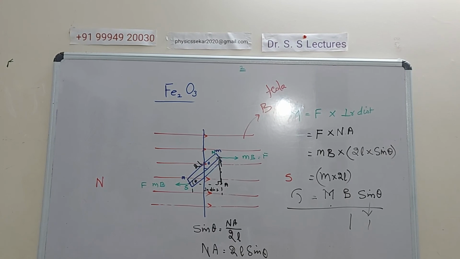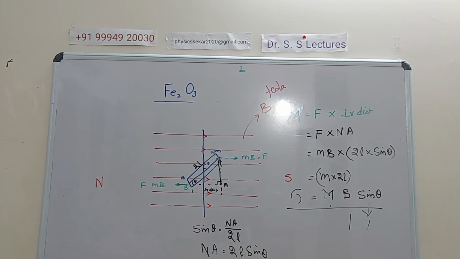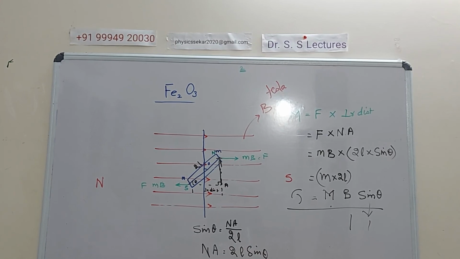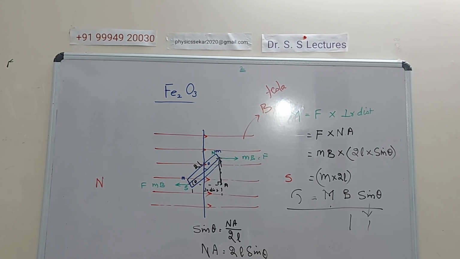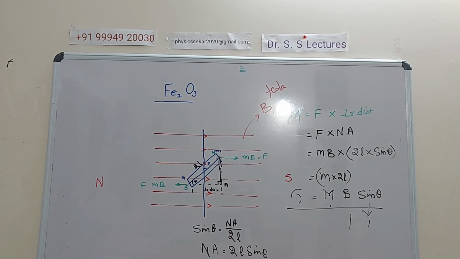So try to remember these basic aspects. Being the introductory aspect, I have just told you the basic fundamental things that we should be knowing, and in the next video we will be in a position to know about certain more aspects like calculation of intensity at a point on the axial line of the bar magnet, equatorial line of the bar magnet, and what is the relationship between them.